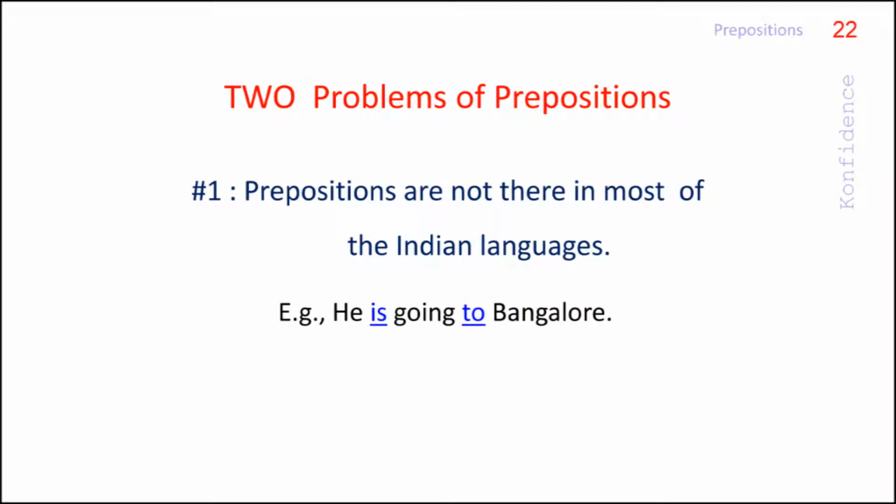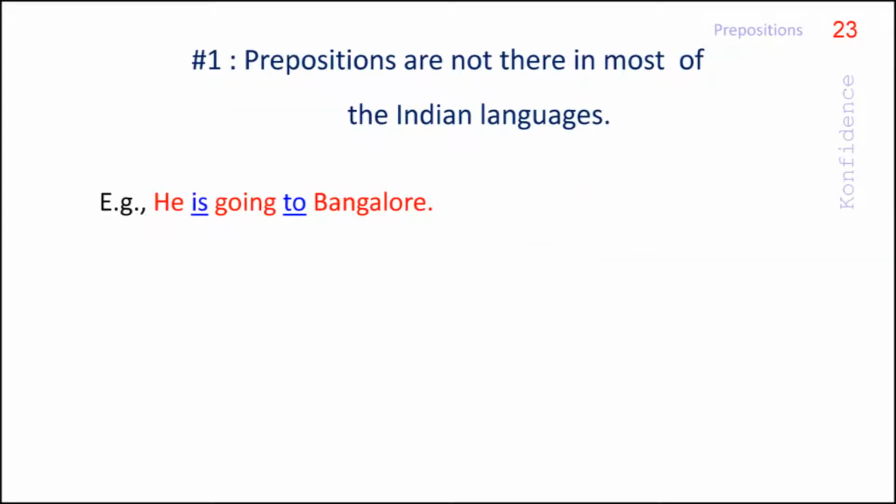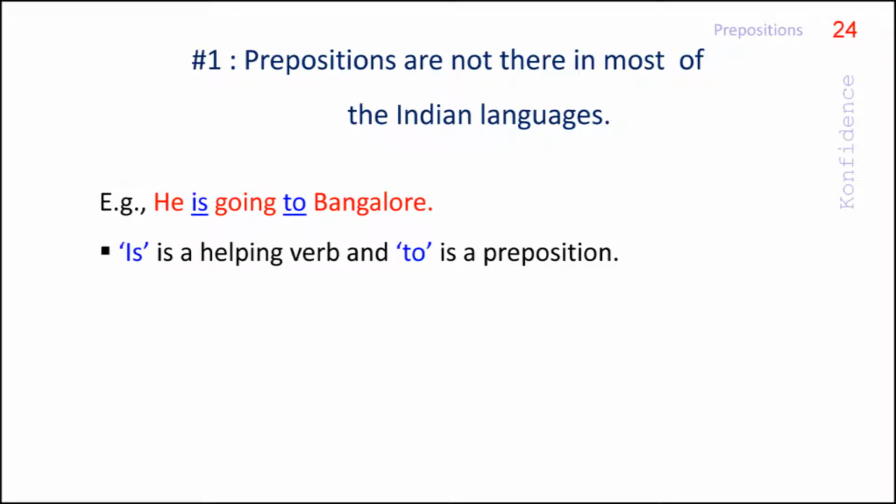Look at an example given in the slide. 2 words are underlined, is and to. Is a helping verb and to is a preposition. If we translate this sentence into our mother tongue, we can see that these underlined words disappear because in most of the Indian languages, there are no helping verbs or prepositions.